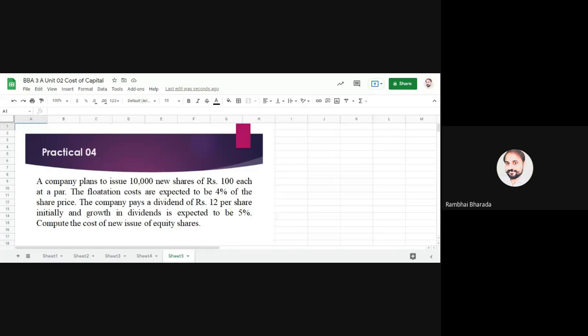At par means no premium, no discount. The flotation costs are expected to be 4% of share price. Are you aware about flotation costs? Okay. So flotation costs are one type of cost incurred while issuing equity shares. So simply we can say that flotation cost is a part of issue expenses. Are we clear?